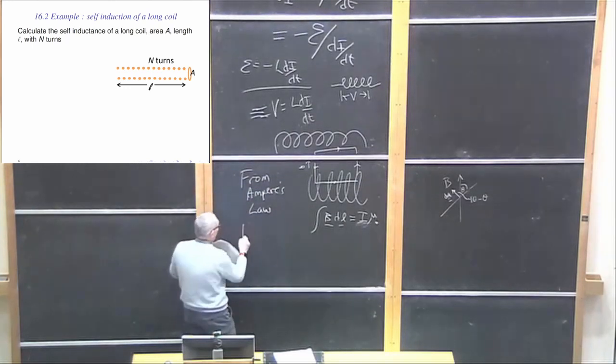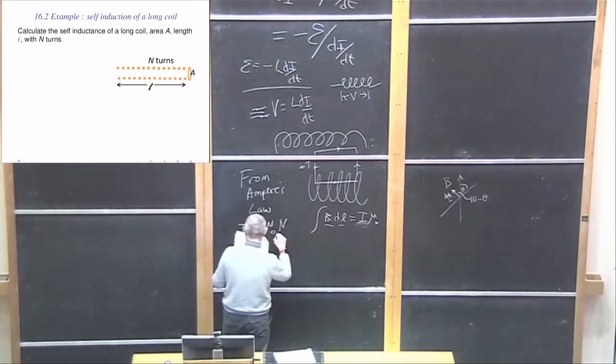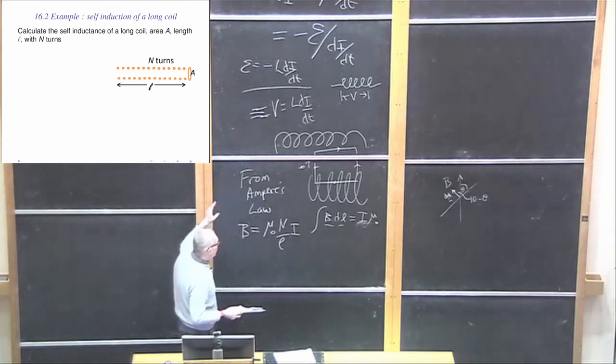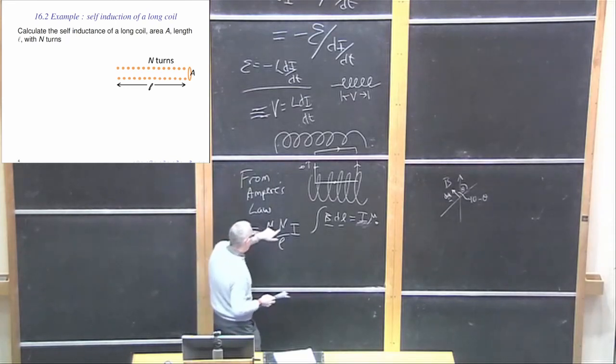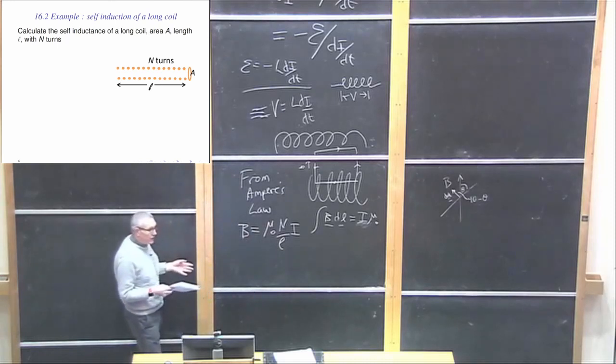So I can write down B is mu naught n over L times I, where n over L is the number of turns per unit length.